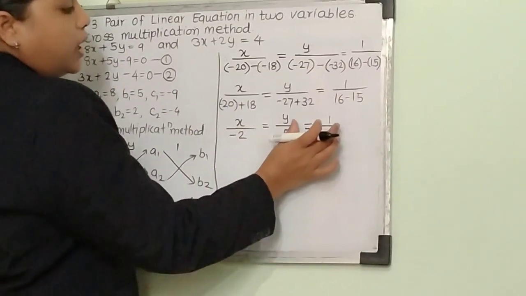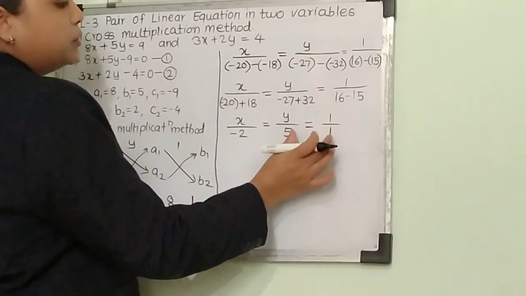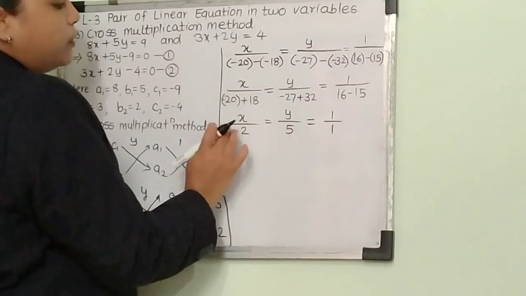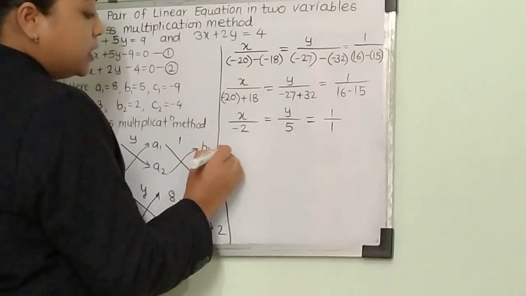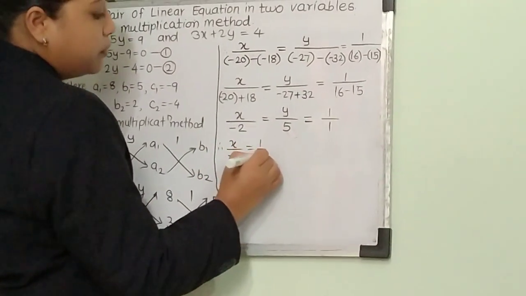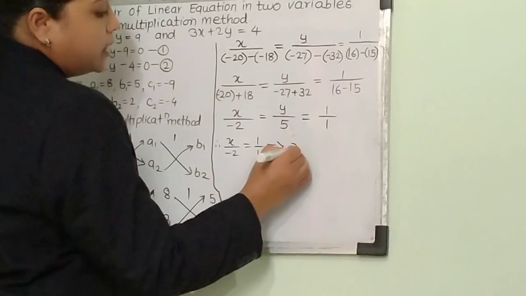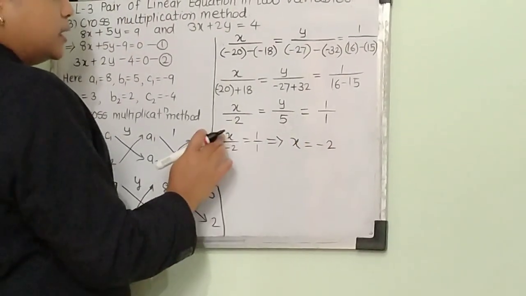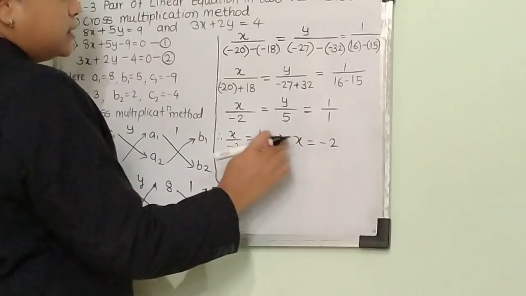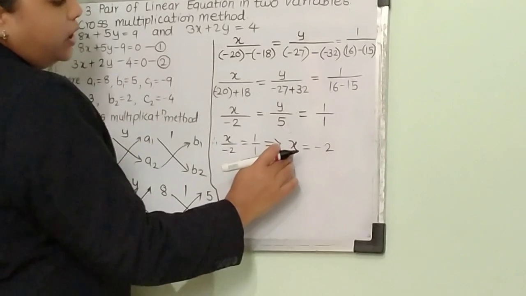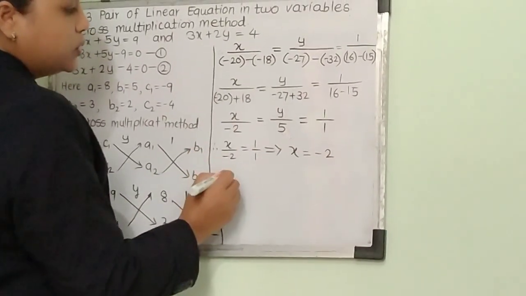Similarly y upon 5, this ratio we have to compare with this to get the value of x and y. So therefore we can say that x upon minus 2 equals to 1 upon 1. That implies that x equals to minus 2, because x into 1 is x and minus 2 into 1 is minus 2. So we get x equal to minus 2.